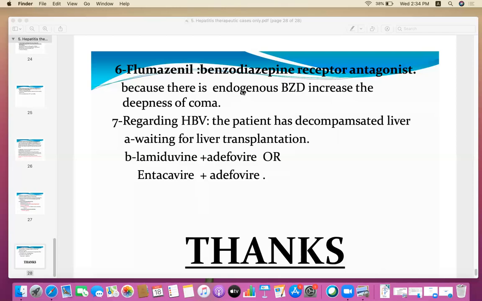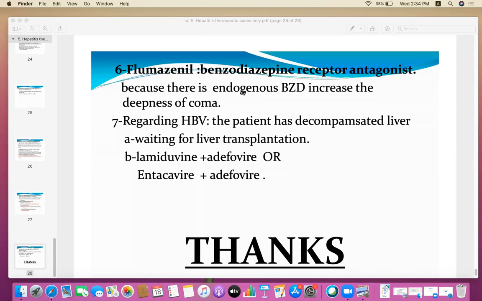For the vaccine for the prevention of hepatitis infection, the dose is at 0, 1, 6 months. If the patient forgets the second dose by more than 2 months, repeat the course again. And if the patient forgets the third dose by more than 12 months, repeat the course again.